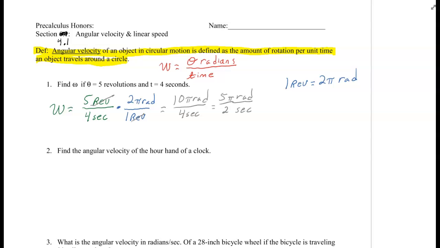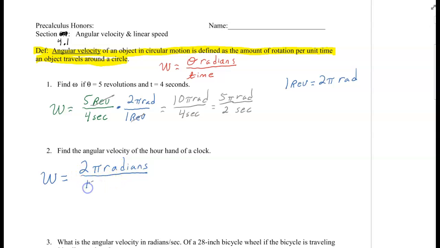In problem number 2, what is the angular velocity of the hour hand of a clock? Feel free to pause the screen and think about that question. So if you think about a clock, how long does it take to go around a full circle? So it's going to go around a full circle, 2 pi radians, in how many hours?